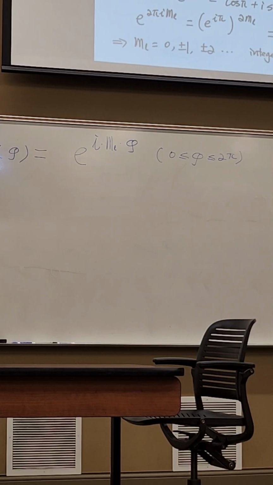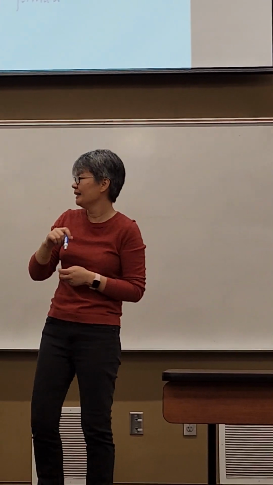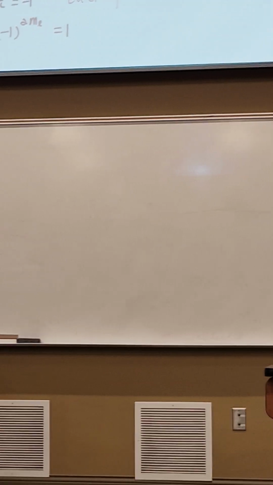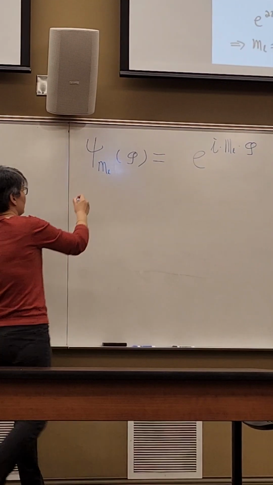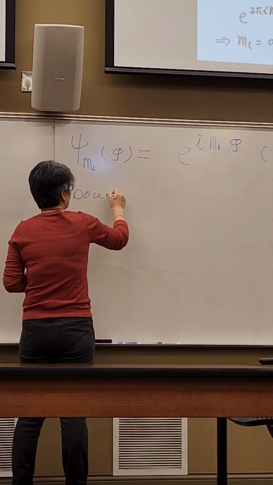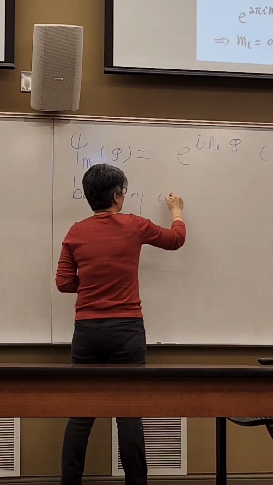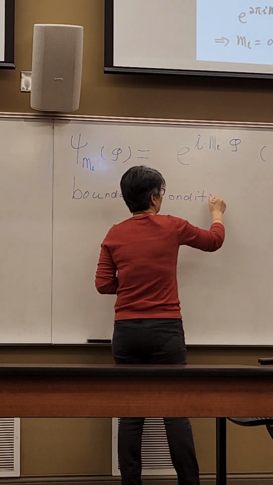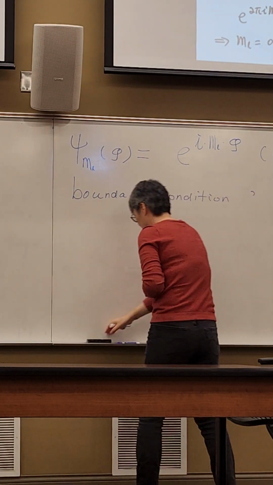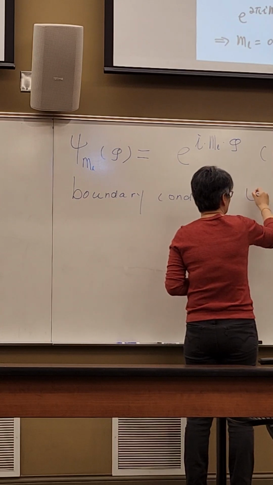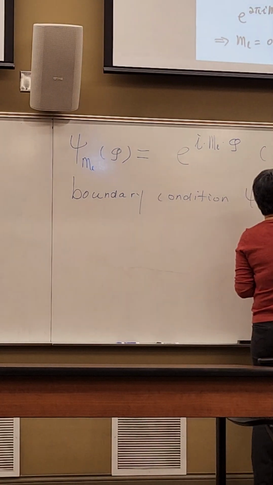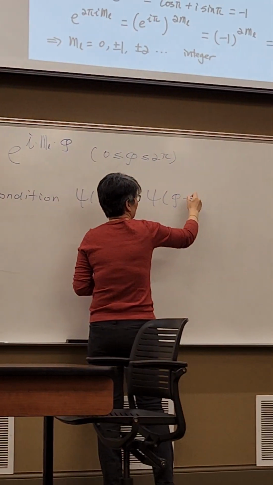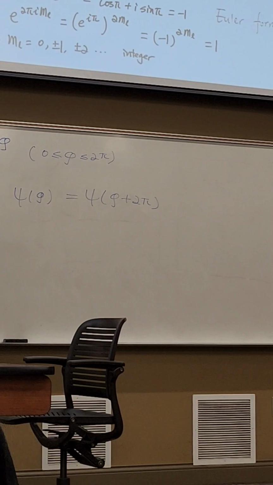However, we need to apply it to our system. Since you rotate on the plane, at any point of phi, when you add 2 pi, the wave function has to return to the same value. So your boundary condition would be that the wave function at any phi value would be the same as for phi after one revolution.